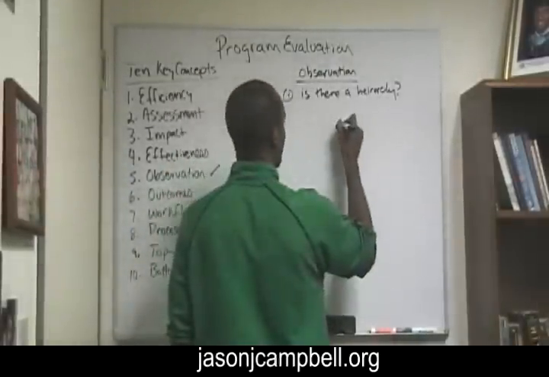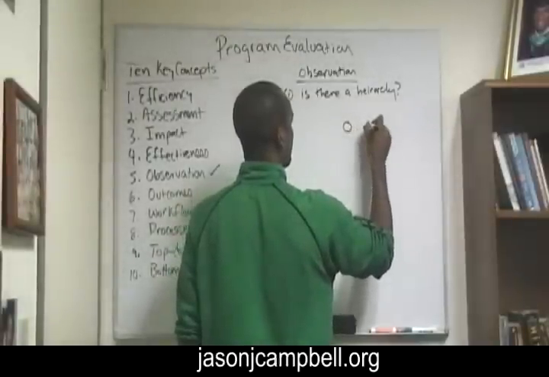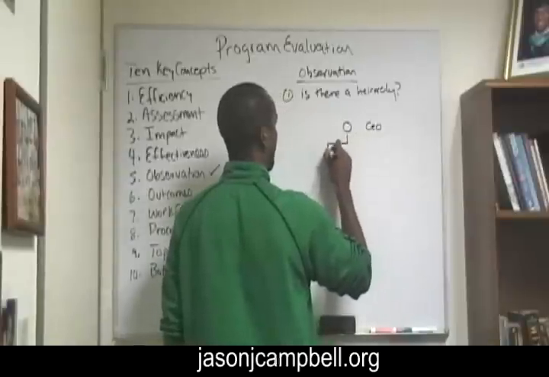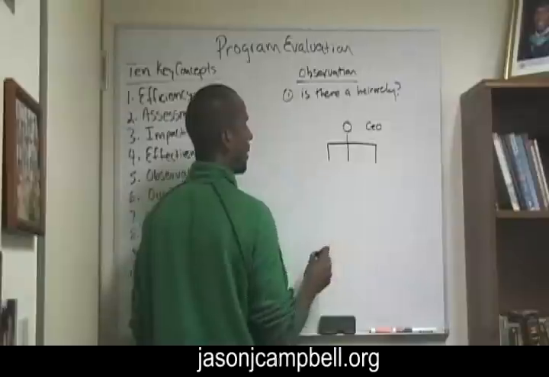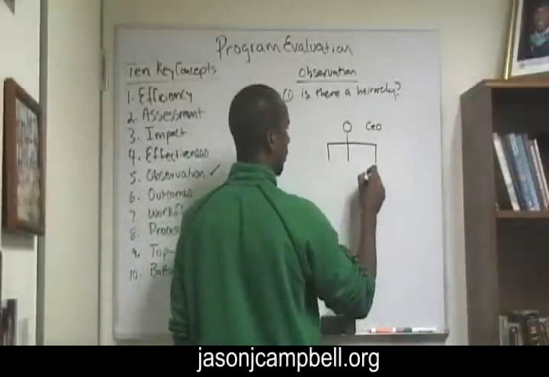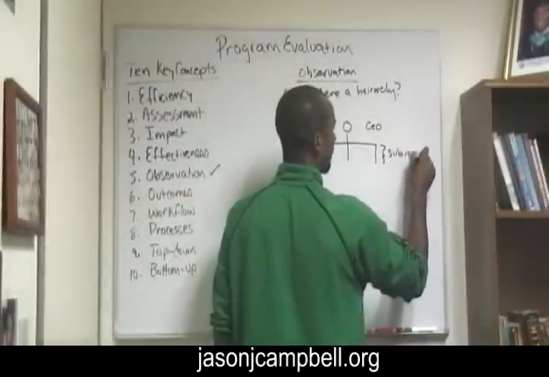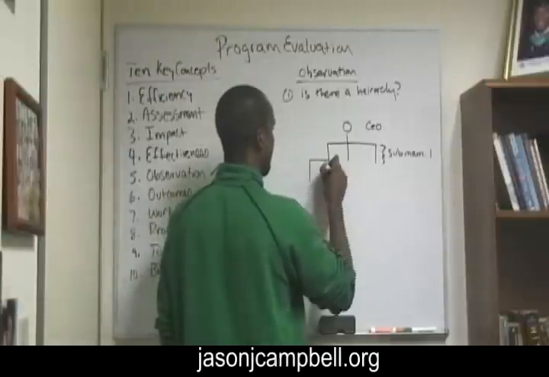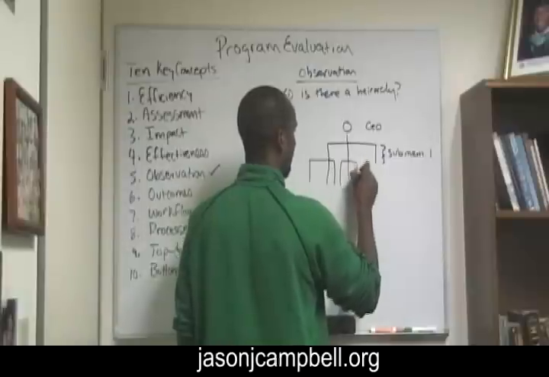So you might have something like this. This would be the CEO, and directly under the CEO might be subordinate members, and under them might be more subordinate members, and so on, right?